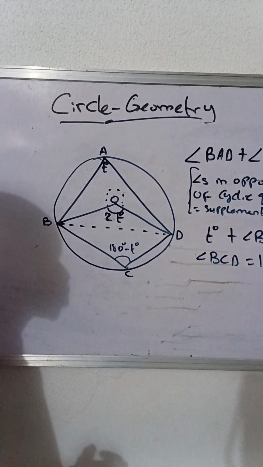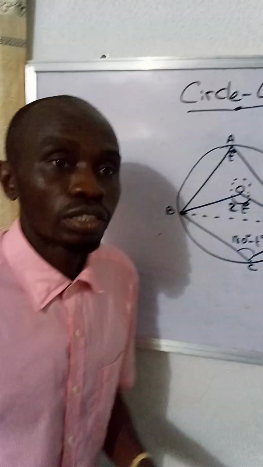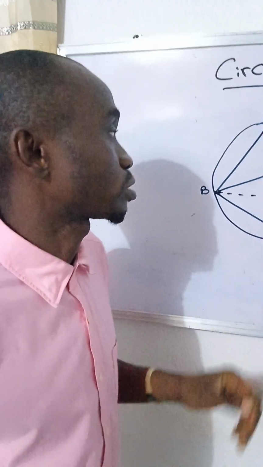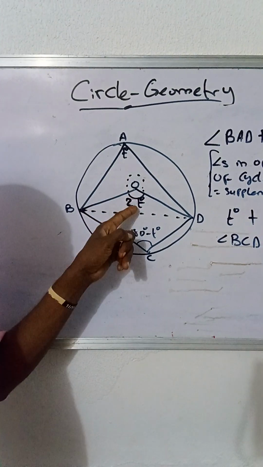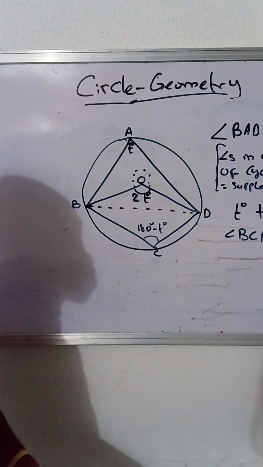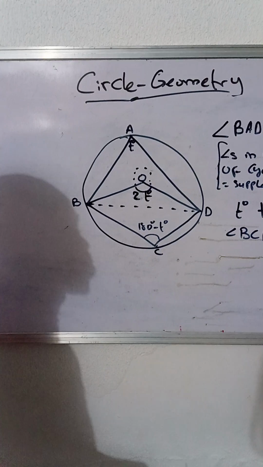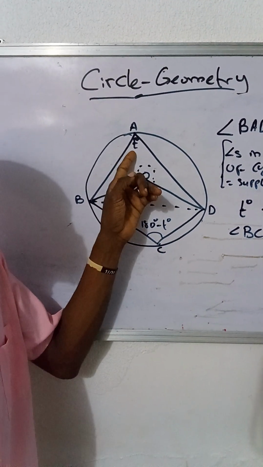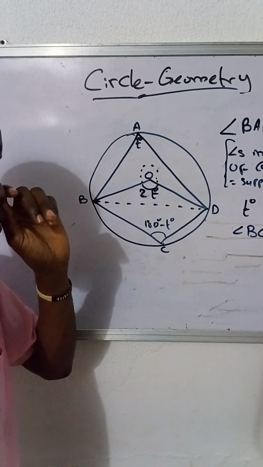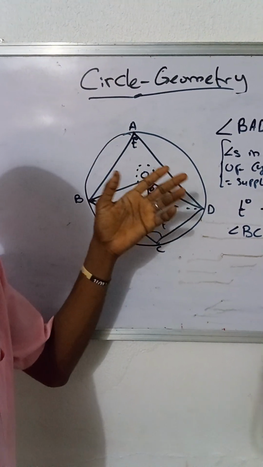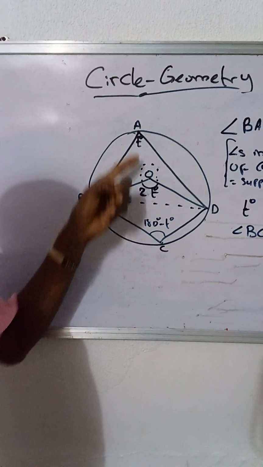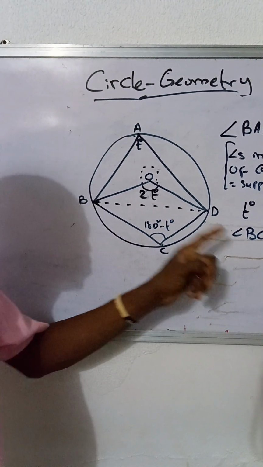That's the angle there. Remember, we have gotten two theorems here. The angle at the center is twice the angle at the circumference, so if one is there, then the center is 2. And we have the supplementary angles of the cyclic quadrilateral, so this and this angle give us 180.